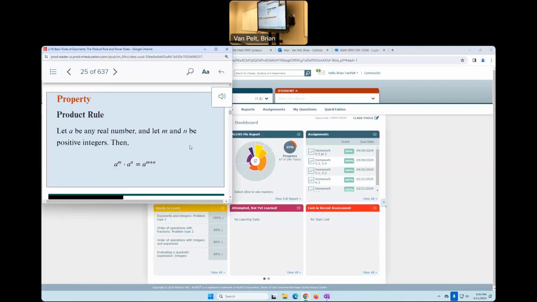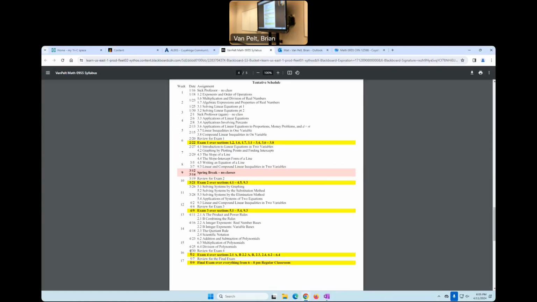Let's say the exponent rules. I'm gonna call it 2.1, I think. Let me check it real quick. Move out of the way. What do we have here? So we'll do all of 2.1 today, parts A and B. All right, got it.